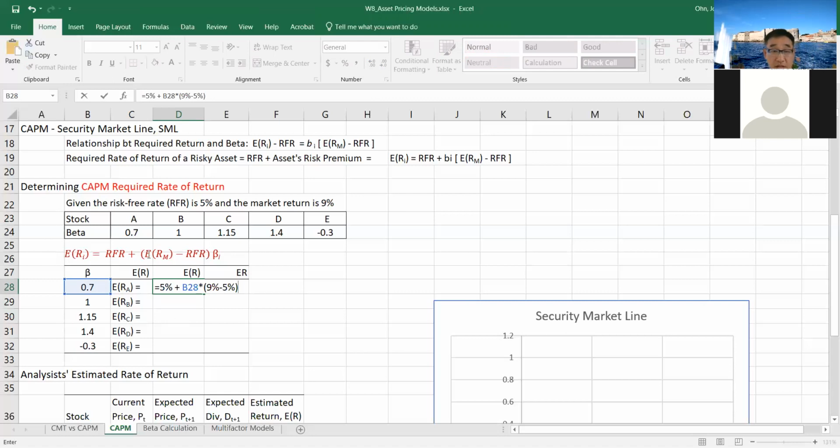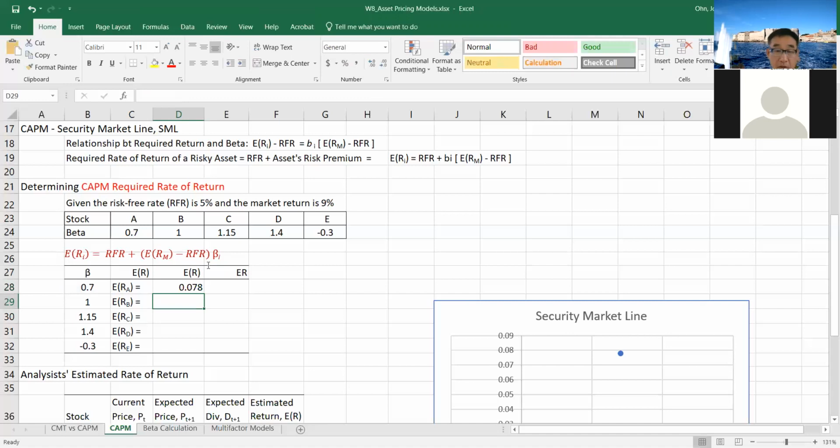That is the CAPM model. So what do we have here? 7.8%, okay?